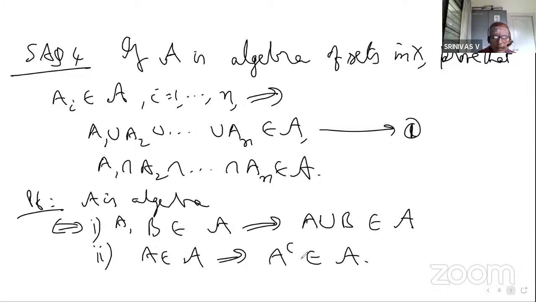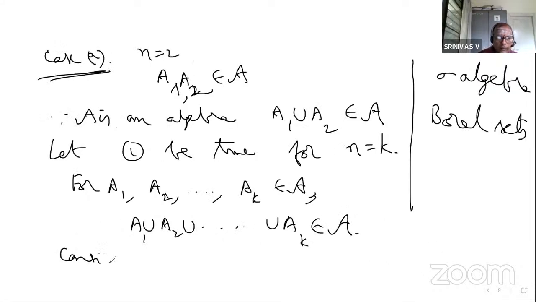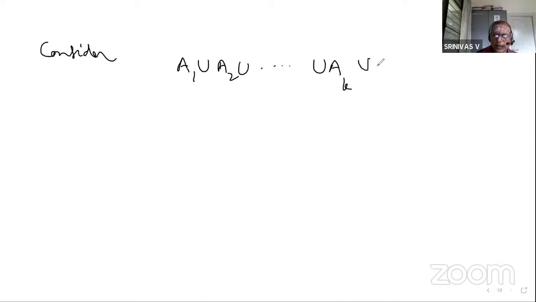This is the assumption. We'll prove this for n equal to k plus 1. So consider Ak plus 1 belonging to script A. Consider A1 union A2 union and so on, union Ak plus 1. Take the union of these k plus 1 sets.